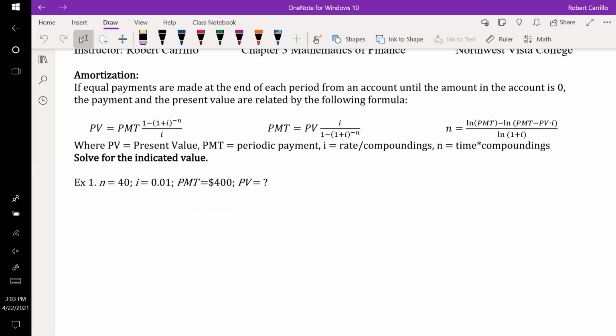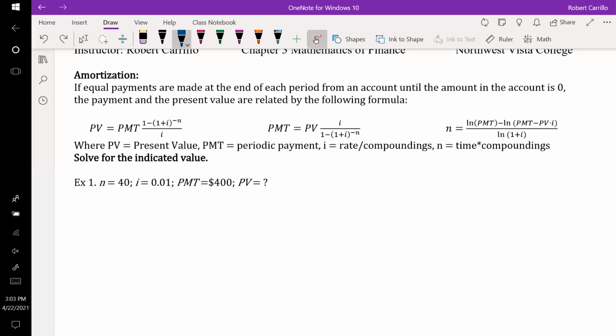And if we have to solve for time or compoundings, then the last equation is n equals the natural log of the payment minus the natural log of the payment minus present value times I over the natural log of 1 plus I. Okay, so PV is, of course, your present value. Payment is your payment. Remember that I is your rate over compoundings, and N is time times compoundings.